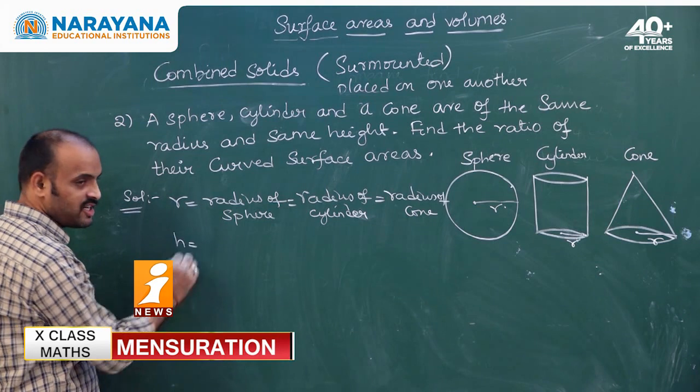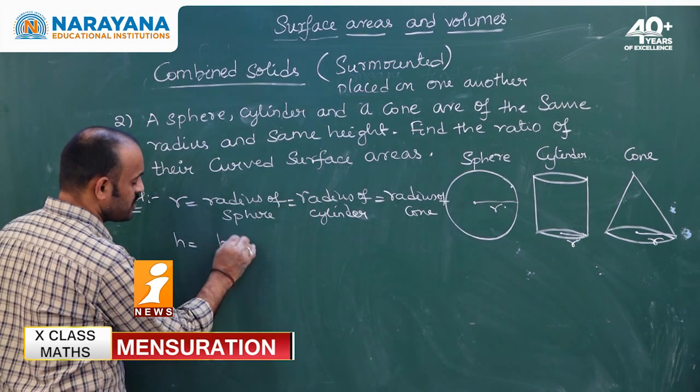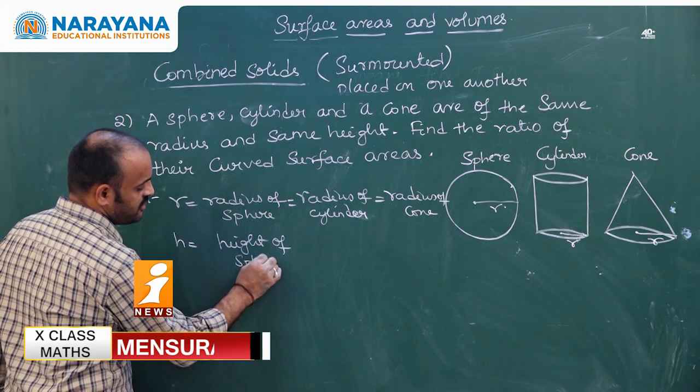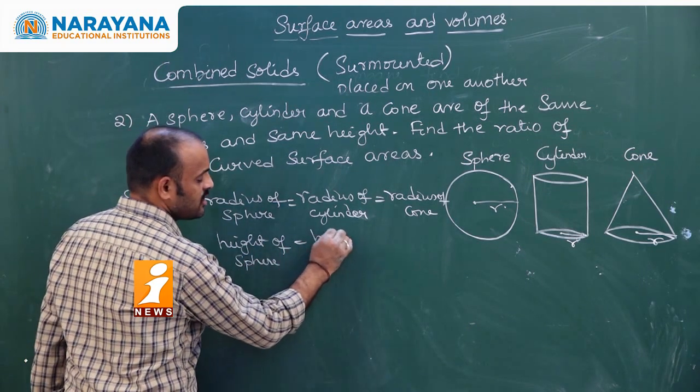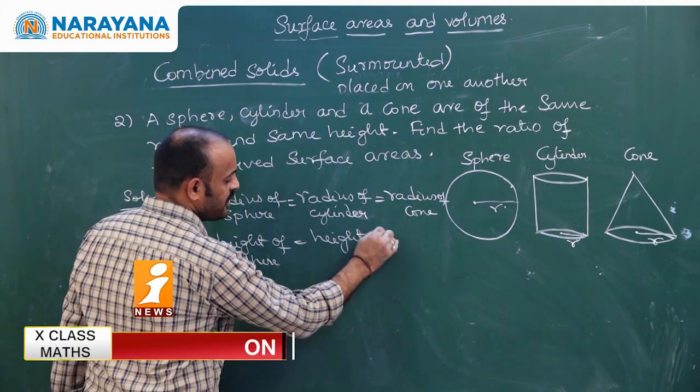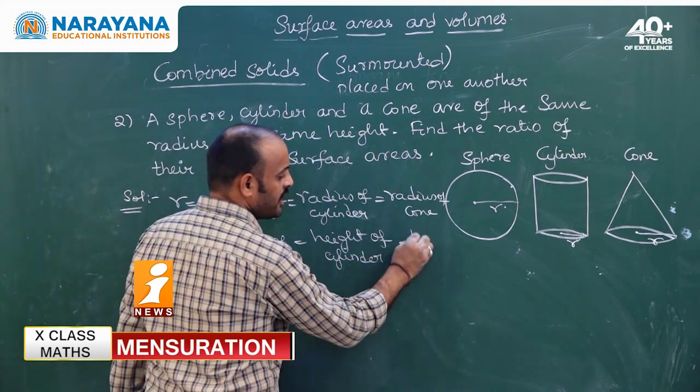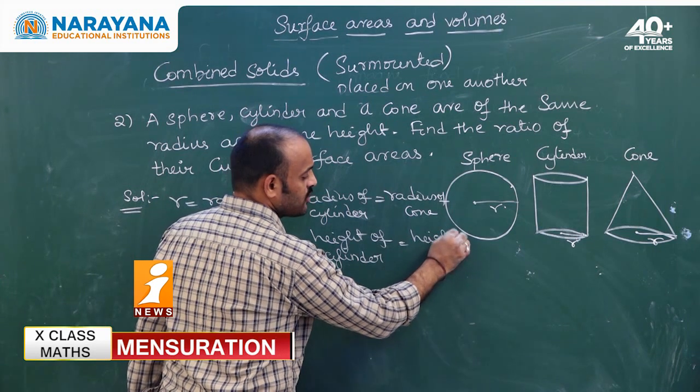So let h be the height of all these three. Height of the sphere, height of cylinder and height of cone.